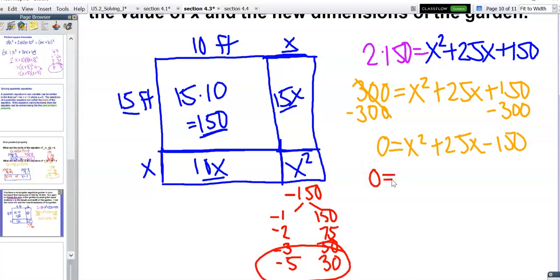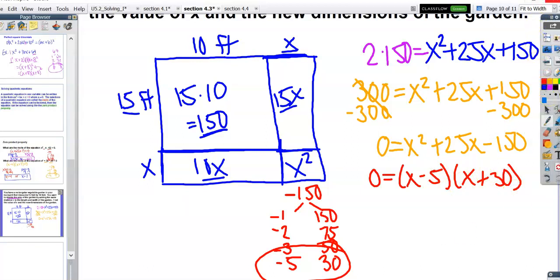So 0 equals x minus 5 times x plus 30. Set both terms equal to 0 and solve.